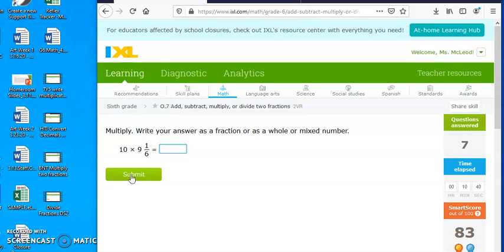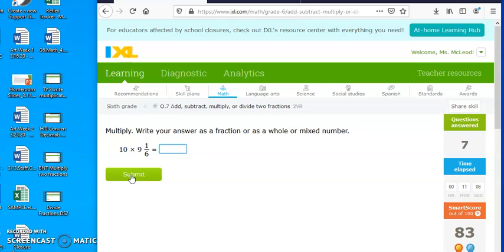So we're going to take that 10 in this problem, and we're going to place it over a 1, and we're going to turn that mixed number into a fraction. How do we do that? We're going to take the whole number, which is 9, and multiply it by the denominator, which is 6. 9 times 6 is 54.